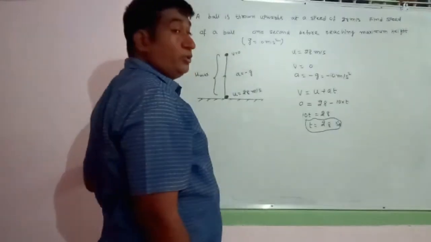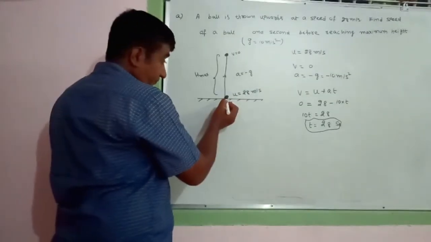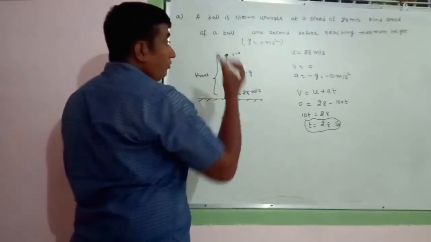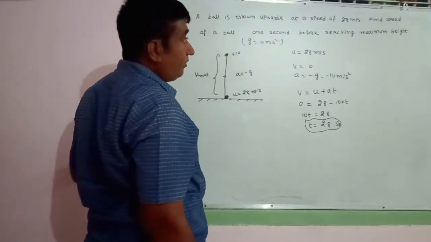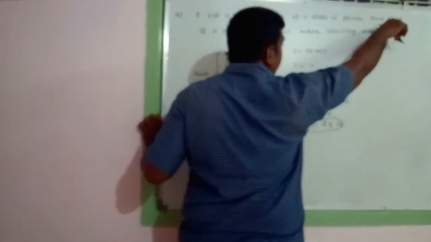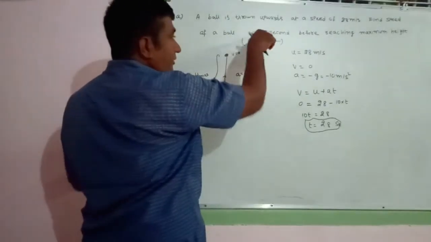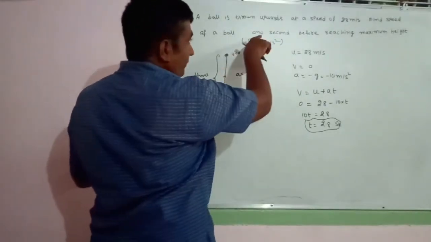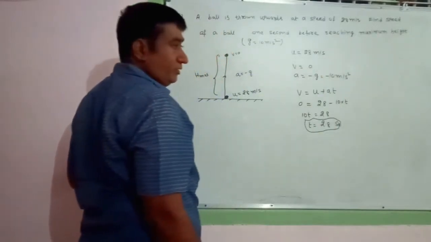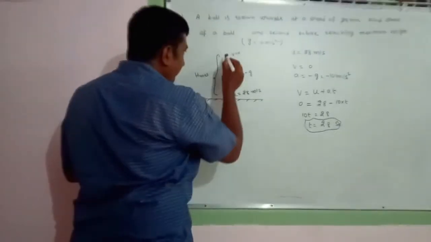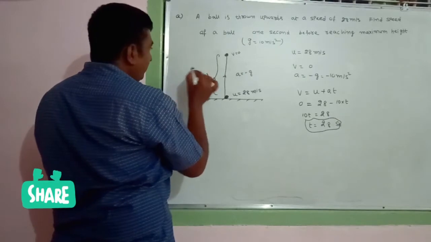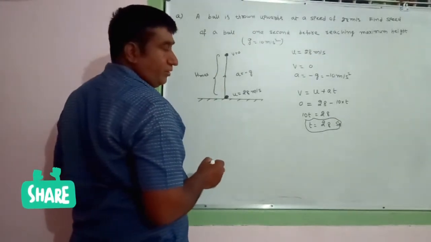This is the total time taken in order to move from the ground to maximum height. But what they are asking is to find the speed of the ball 1 second before reaching the maximum height. In order to travel from here to here, the total time is 2.8 seconds.